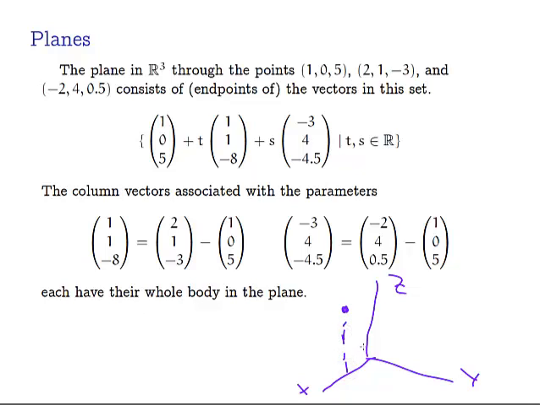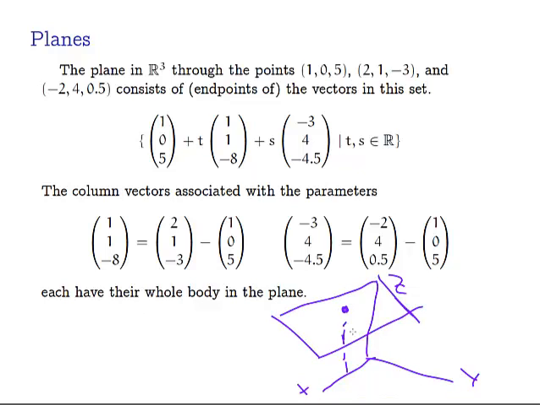Okay. And if I go out to this point and then go any multiple of this distance plus any multiple of this distance, if you think about it, what I'll be doing is defining points in a plane that passes through that point.